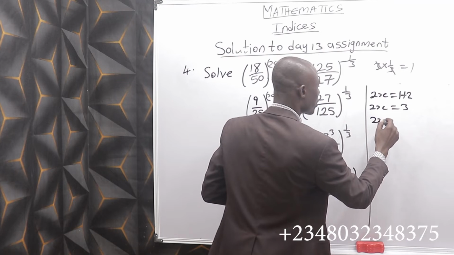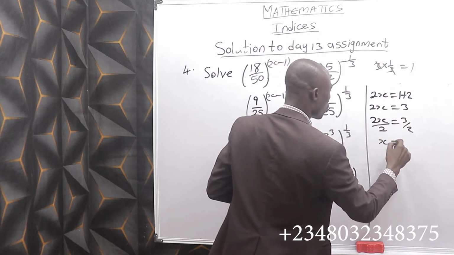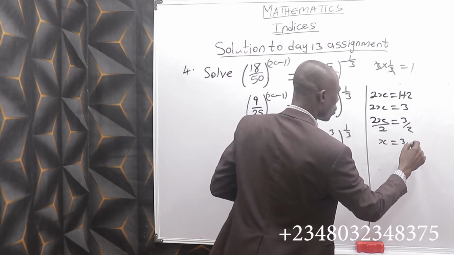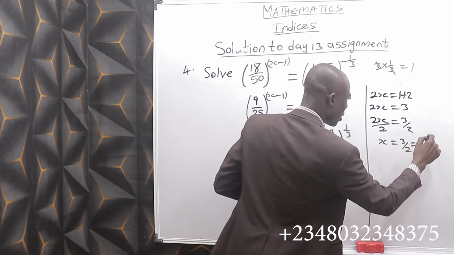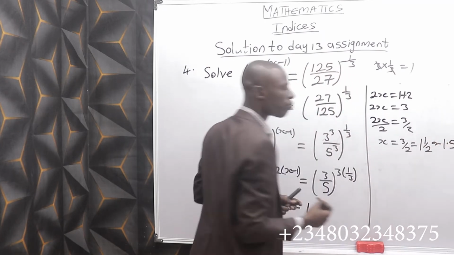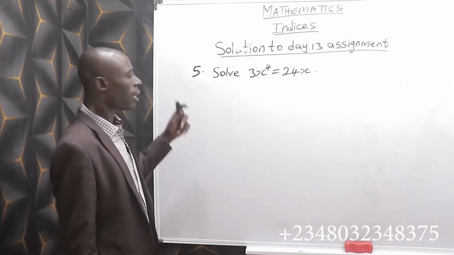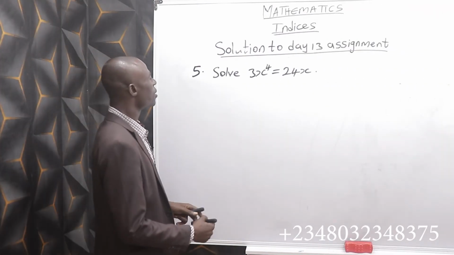So we have 2x divided by 2 equals 3 over 2. So x equals 3 over 2, which is 1.5. Do you understand?